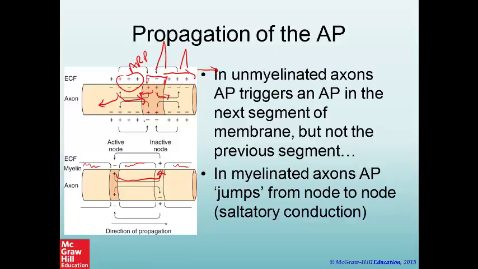You can see them in the microscope. That's where you'll find clusters of voltage-gated sodium channels. And this jumping from node to node is referred to as saltatory conduction. And it's more rapid than conduction in unmyelinated axons because there's no current leakage, and you don't have to activate every single patch of membrane along the way. You only have to activate the nodes.